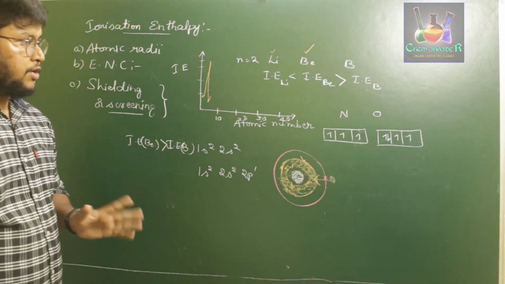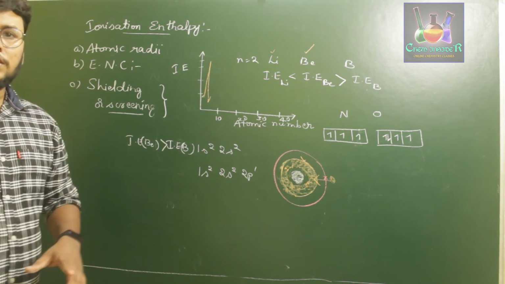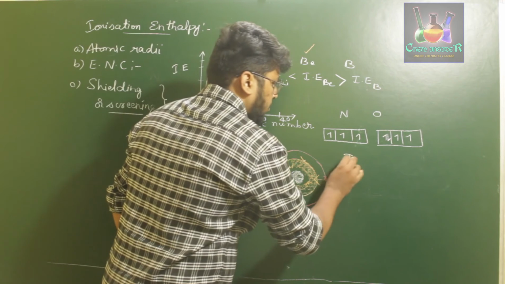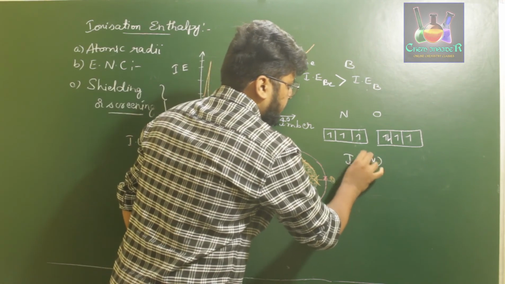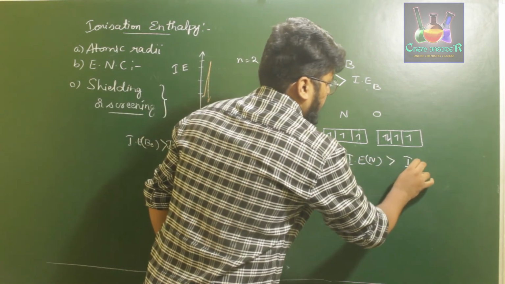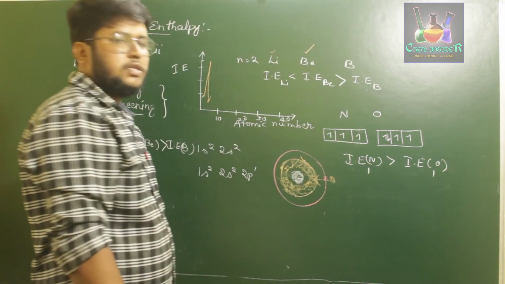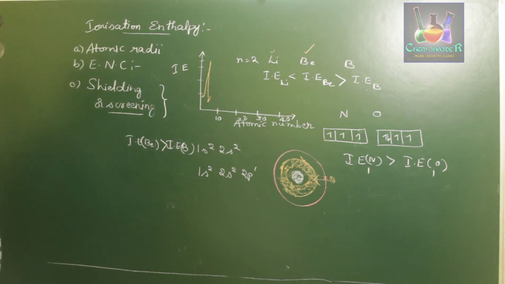When compared to nitrogen, oxygen's first ionization enthalpy is low, because the 2 electrons present in the 2px orbital will be experiencing repulsion.